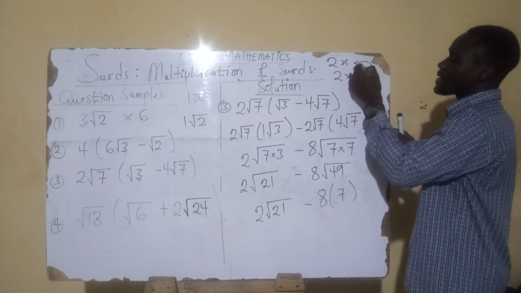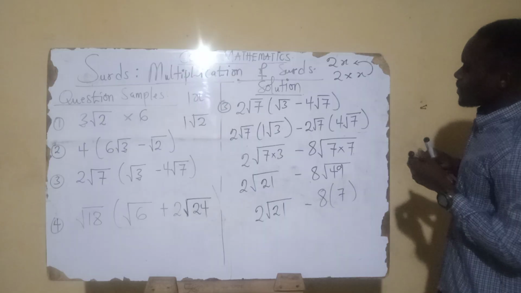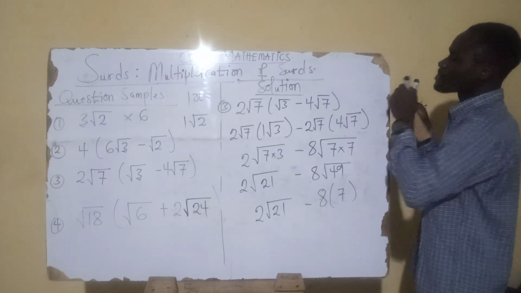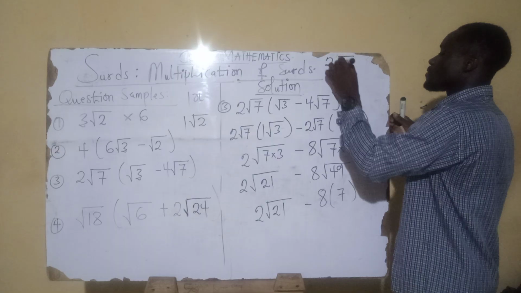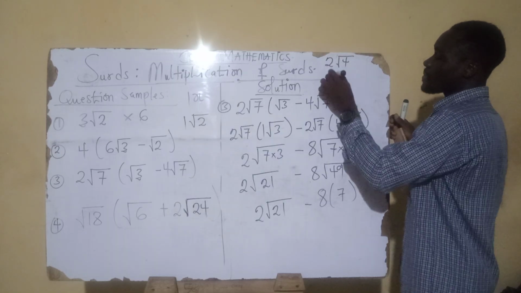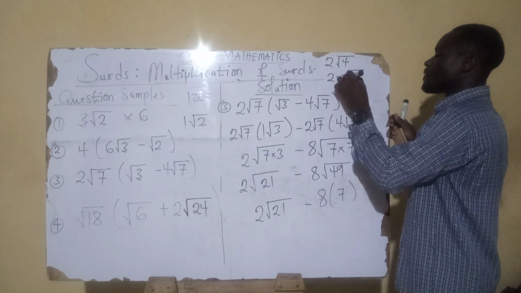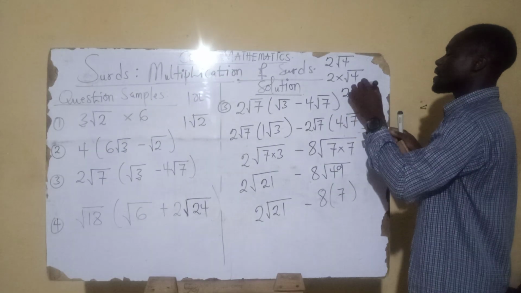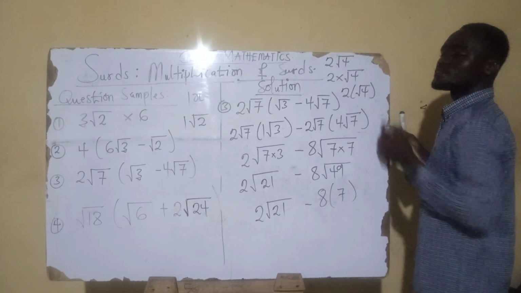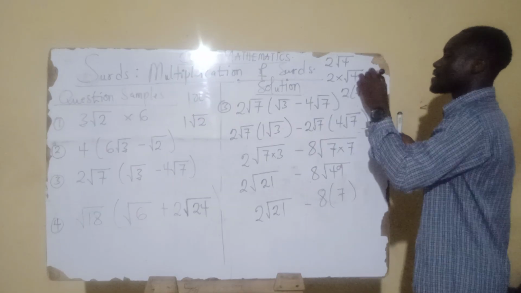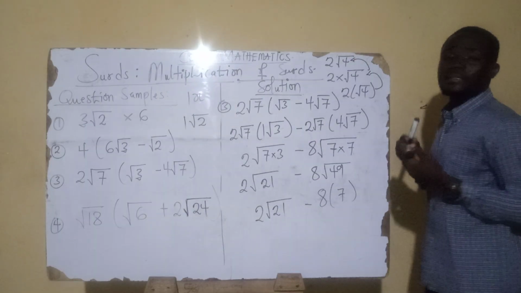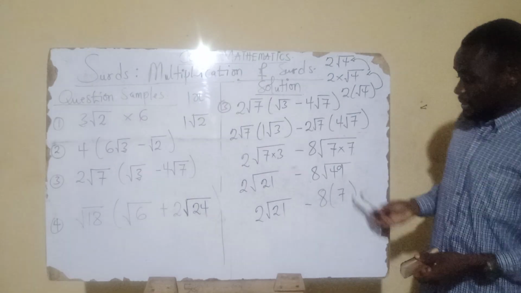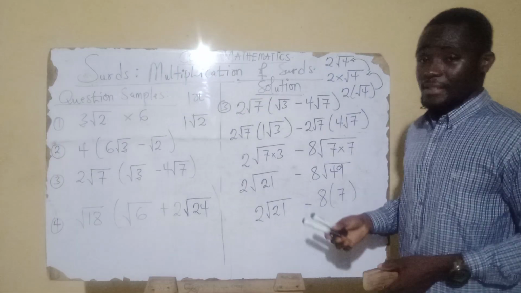In the same manner, if I have this 2 root of 4, it is still the same as 2 times root of 4. Are you with me? And this is still the same as 2 in a bracket root of 4. So this is the same as this, and this is the same as that. I believe it is clear. Very good. And you are following the process because this demands a lot of understanding. Good.